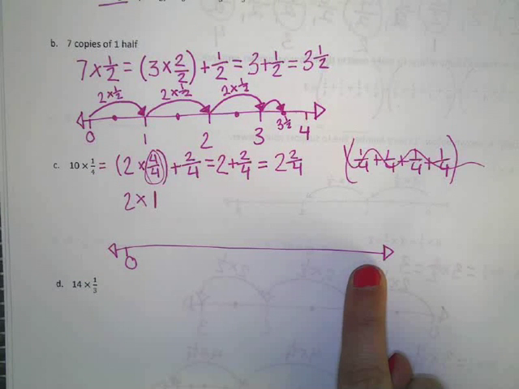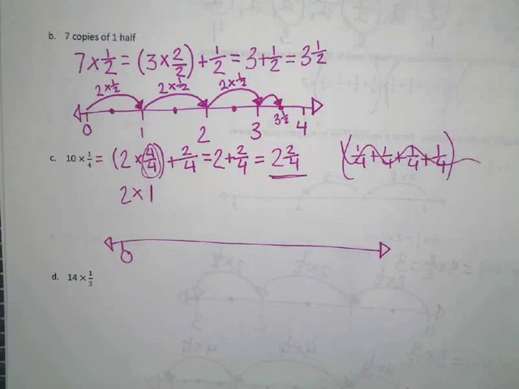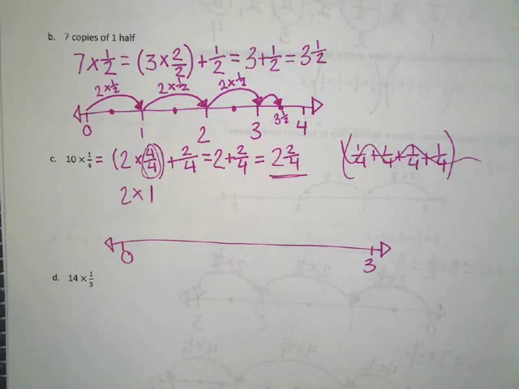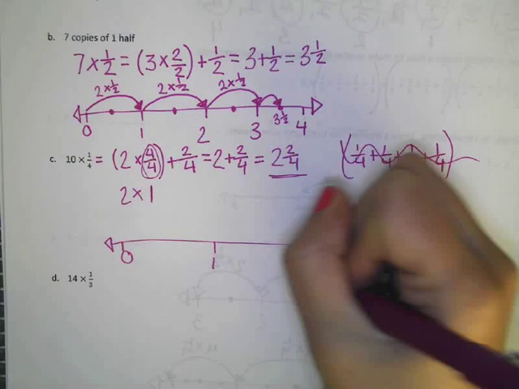A 10? I could, but I don't need to go that high. What number could I go up to instead? 9. Well, my answer only gets to 2 2/4. 3. 3, yeah. Yep, you only have to go to the next whole number. And then I'm going to mark on here my 1 and my 2.